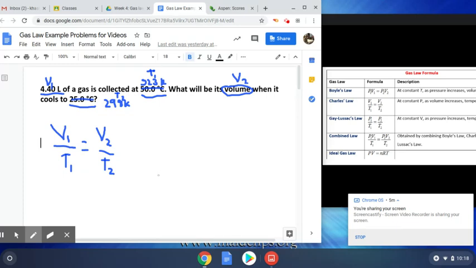So you folks remember cross multiplying, you just multiply across the equal sign. So if we do that, it is V1 times T2. And you don't have to write the times sign, you just put them right next to each other. And then that's V2 times T1.